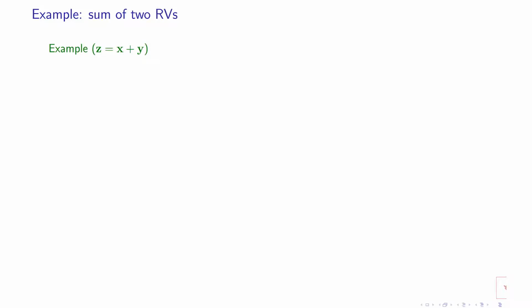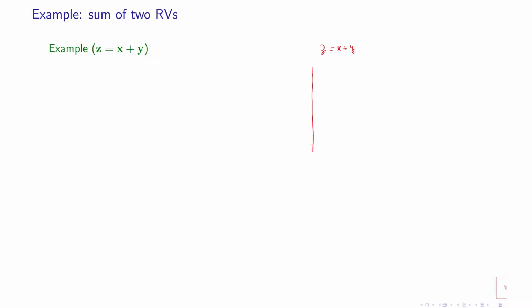So we want to draw a diagram. In this first example, we want to find the CDF or the PDF of the sum of two random variables. So here I have z equal to x plus y. I want to draw a diagram for a fixed value of z.